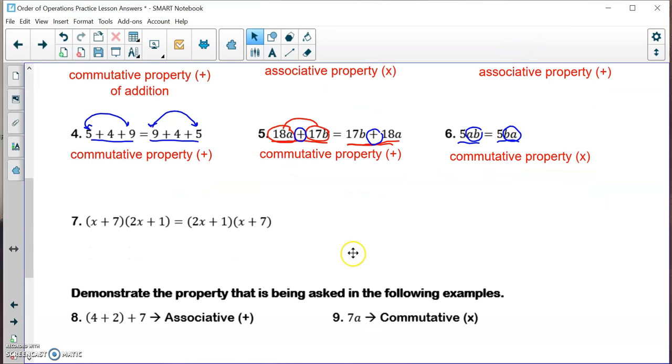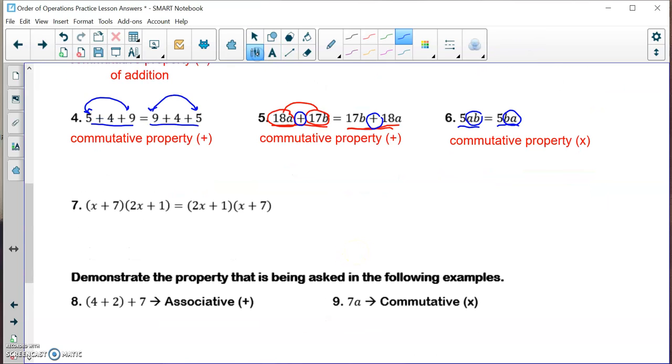All right, we have the last one here. I have an x plus a 7. There's technically a multiplication symbol between the x plus the 7 and the 2x plus 1. And then I have a 2x plus a 1 times, because when there's no operation in between two sets of parentheses, that means that's a multiplication symbol in between them, times an x plus a 7.